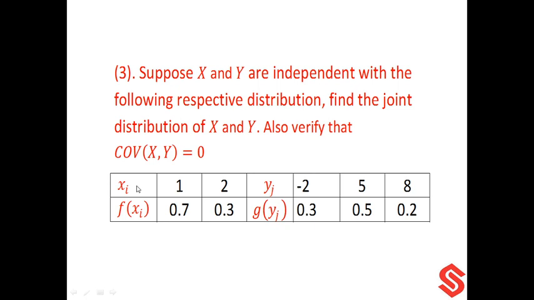Here xi, f of xi and the values of yj, g of yj are given. So x1 is 1, x2 is 2, f of x1 is 0.7, f of x2 is 0.3, y1 is minus 2, g of y1 is 0.3, y2 is 5, g of y2 is 0.5, y3 is 8, g of y3 is 0.2.